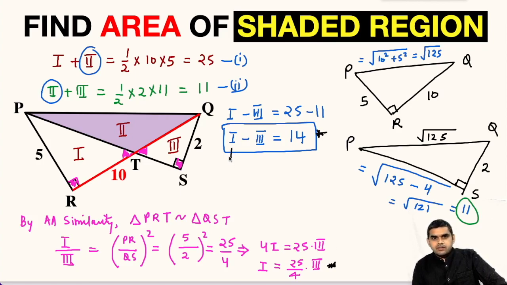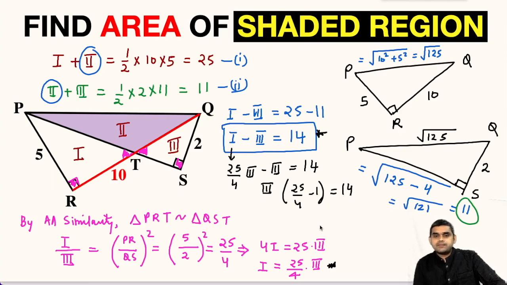So in place of this area of first triangle, we can write 25 by 4 times the area of third triangle minus third triangle is equal to 14. We can take the common factor outside. So this will be 25 by 4 minus 1 equals 14.